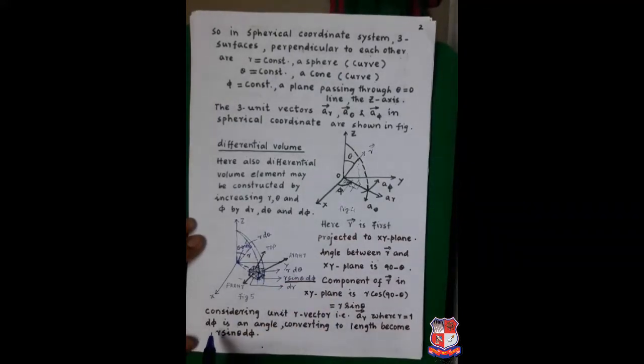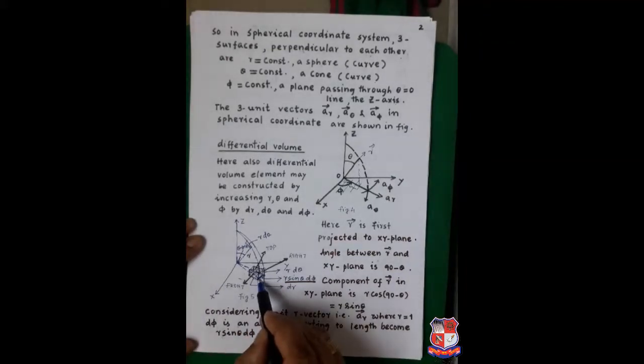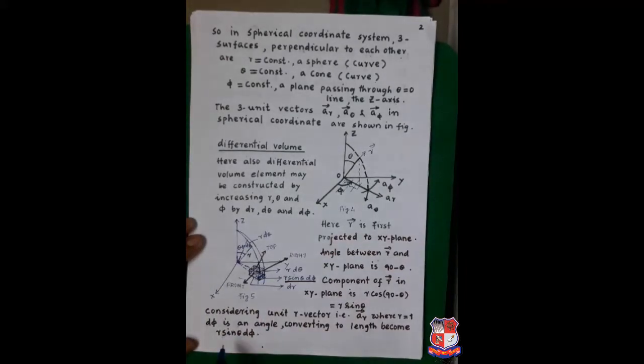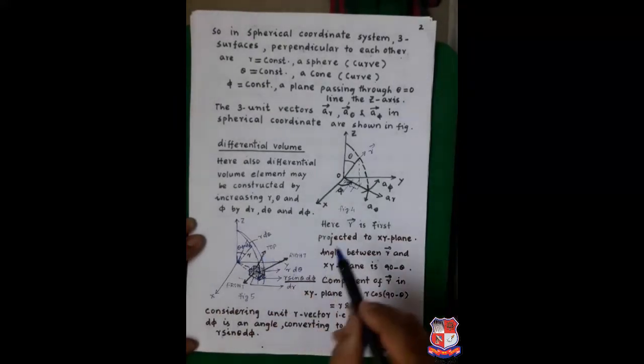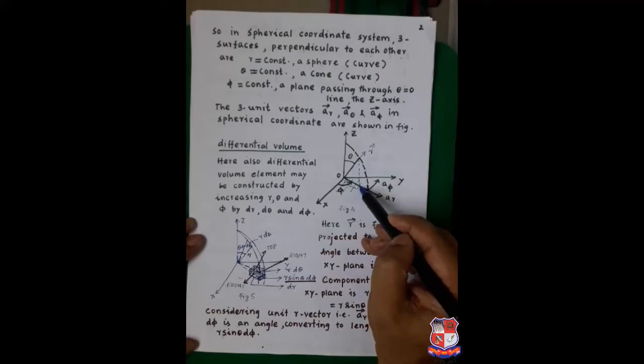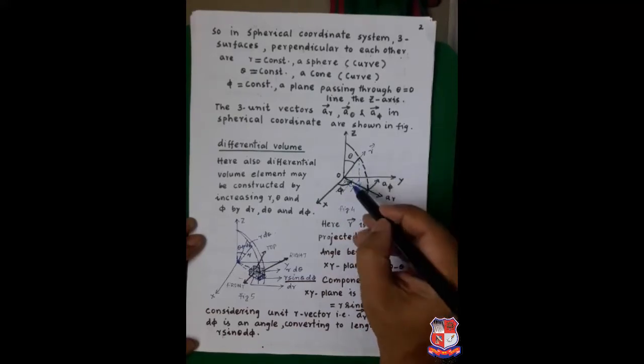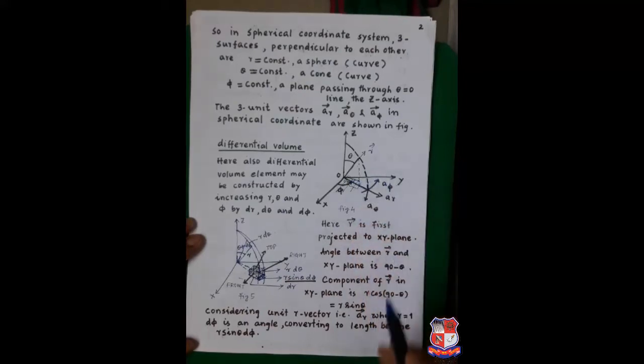To convert d phi, which is an angle, to length, it becomes r sin theta d phi, because first r is projected to the xy plane, it becomes r sin theta. Then taking a small angle here, this will be your d phi. So the length will be r sin theta times d phi.